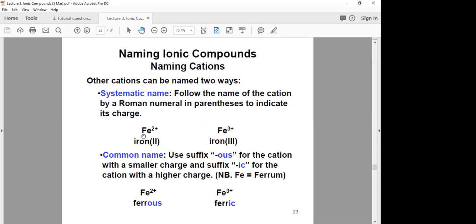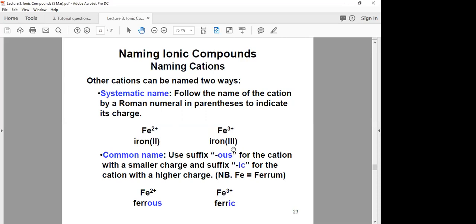So here's the metal in question, iron, with a 2+ charge, but iron can also form a 3+ charge. The way that we indicate that in the name, we simply say the name iron and then 2 in brackets. So this becomes iron(II). In this charged form, it becomes iron(III).